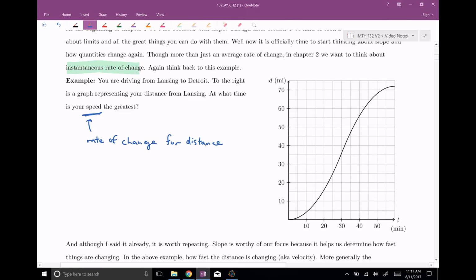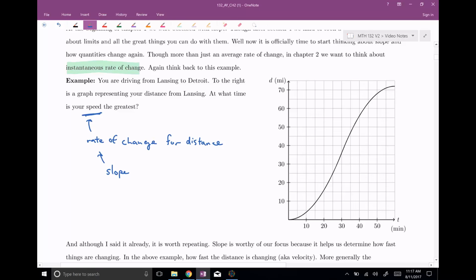Average rate of change was the slope of a secant line. Instantaneous rate of change was the slope of a tangent line, at a particular instant. So really, this is wondering when is my slope the greatest? If you want to know when the speed is the greatest, speed in this case is going to be the same thing as slope. At what particular instant is my slope the greatest?